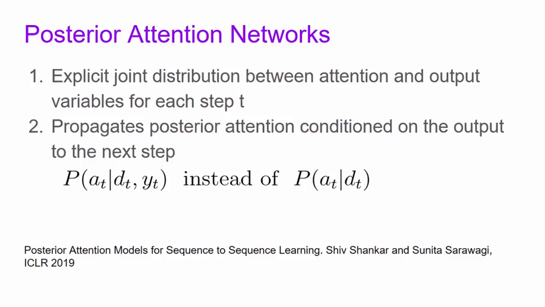This is the attention which depends not just on the decoder state, but also on the output at the tth step. This posterior distribution will only be available to you when you go to the t+1th step, but then you can use that instead of the probability which is currently being computed, which is the prior probability, and get better accuracy.